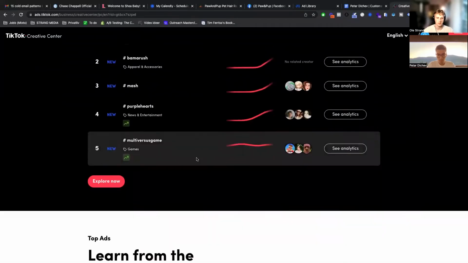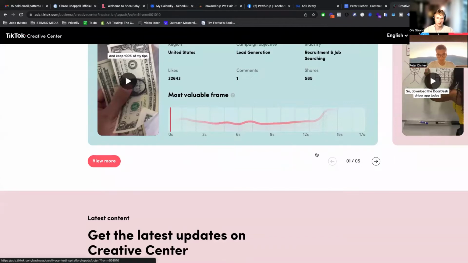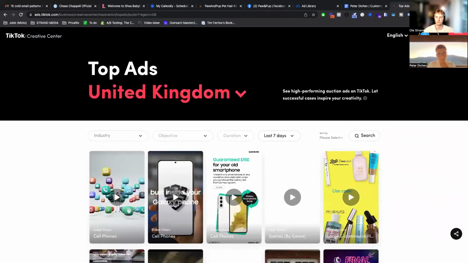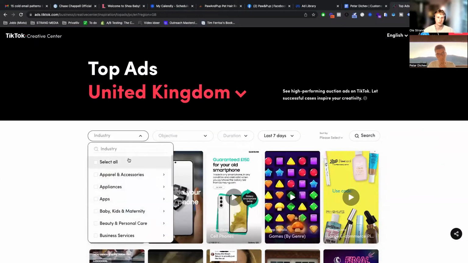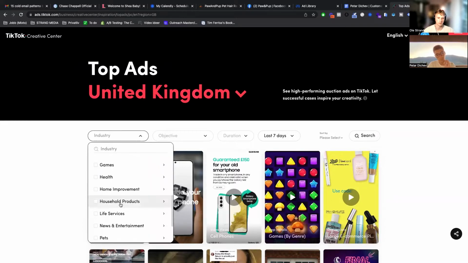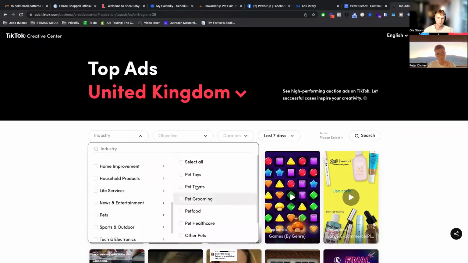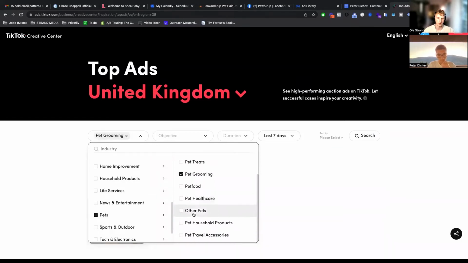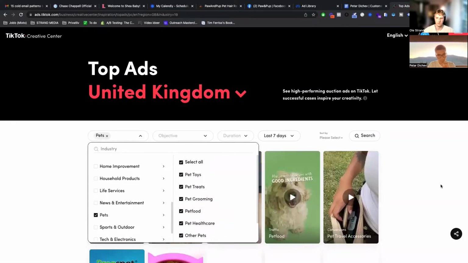All right. So let's have a look. So we can maybe try pets, pets grooming. Let's actually do all because we're just looking at the format.